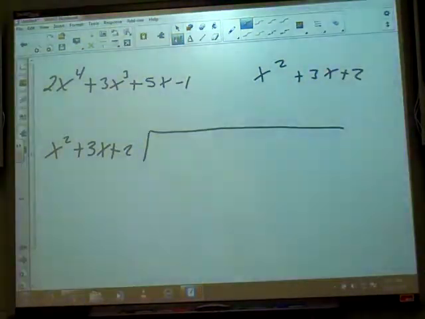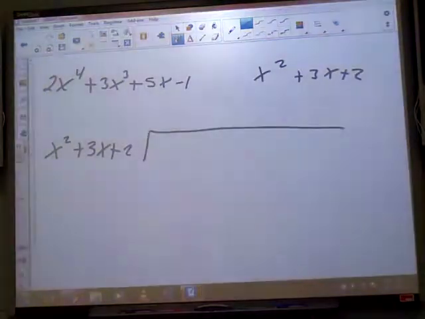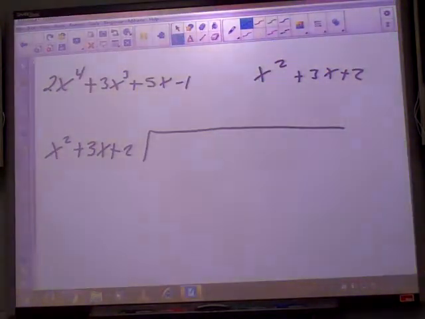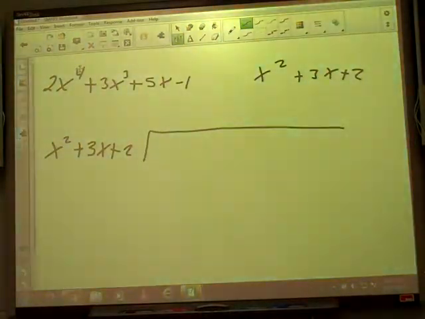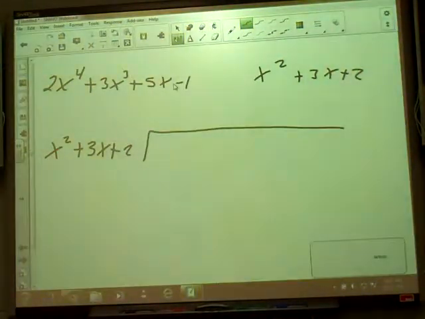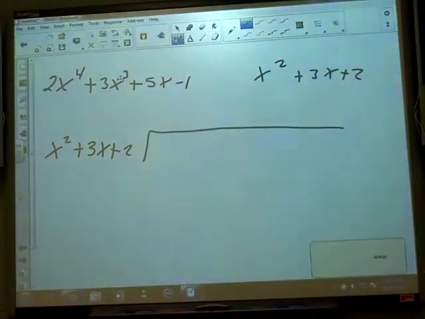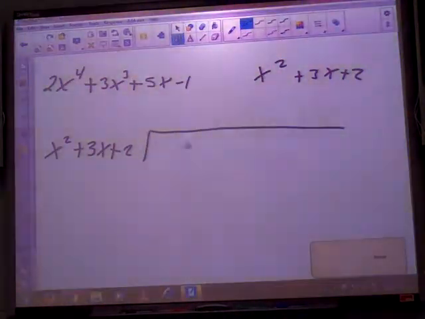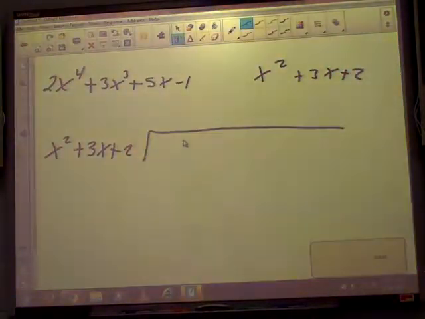Now, when I put stuff in the box, whatever my degree is, this one's got a degree of 4, I have to have every power underneath it. So you see I've got a 4, 3, I'm missing a 2, right? I'm missing an x squared. So when I put that in my box, I'm going to have to put a 0 in that spot.